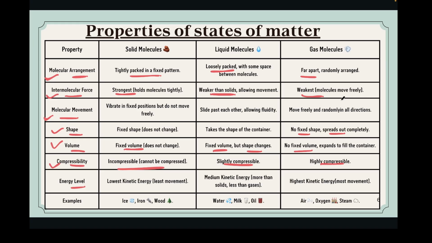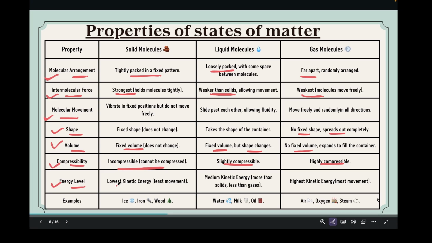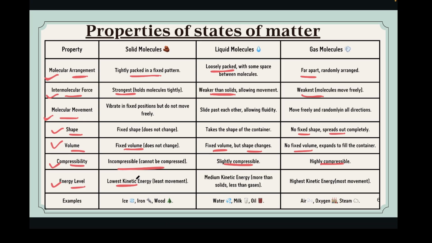Next point is energy level. In solids, particles have the least amount of energy, that is, the lowest kinetic energy. They only vibrate in place because they are tightly packed and held together by strong intermolecular forces.